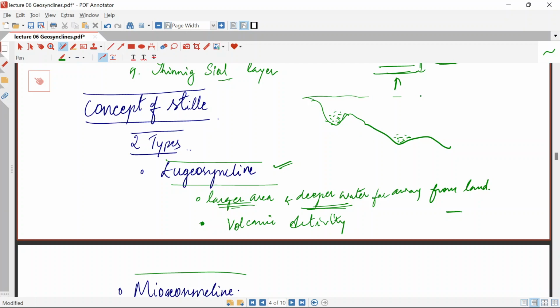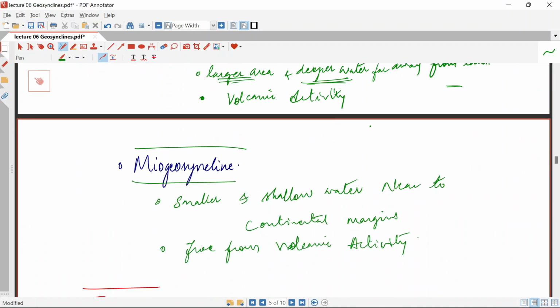If you consider this as the sea level, this has the greater depth, and this has the shallow depth, that is lower depth. So this is what a geosyncline is, which has greater depth and lower depth. This is simply said, I explained with a simple diagram.